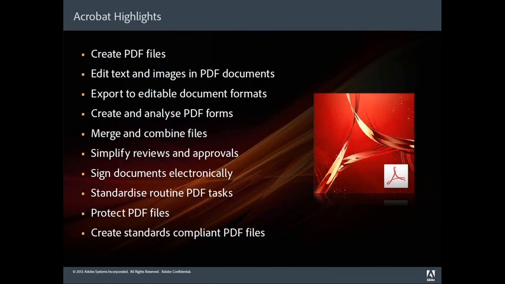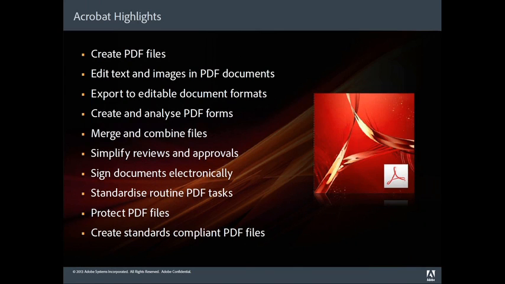Basic stuff really, but the key thing around Acrobat is obviously the ability to create PDF files. We can do this from multiple sources nowadays, but Acrobat has a core functionality in that it allows you to create PDF files pretty much from anywhere. If an application can print, it will allow you to create a PDF using the PDF printer, or you can create PDF from web pages and so on and so forth.